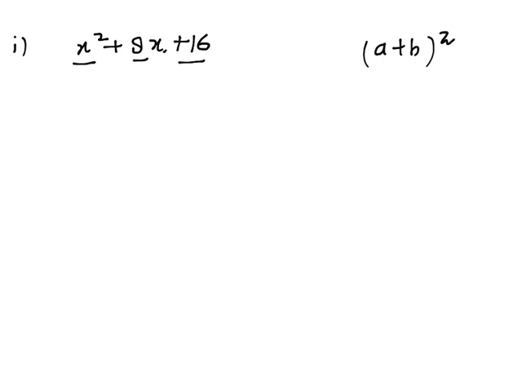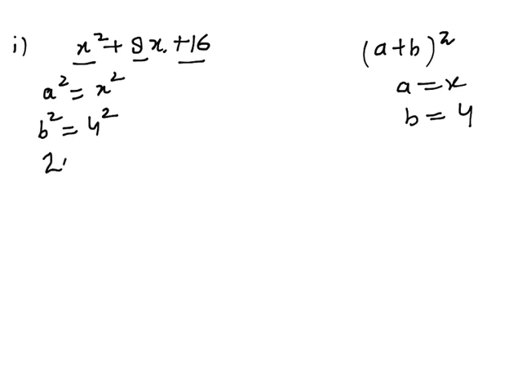So here a will be x and b will be 4. Now a square is equal to x square. B square will be 4 square, 4 square is 16. Then we have 2ab, it will be 2 times x times 4, that will give us 8x only.